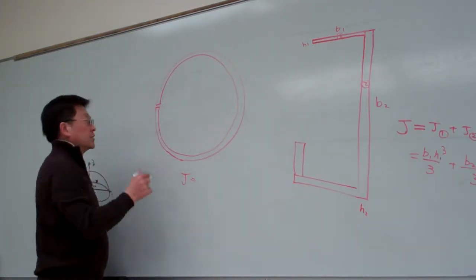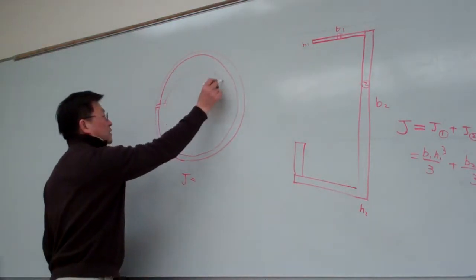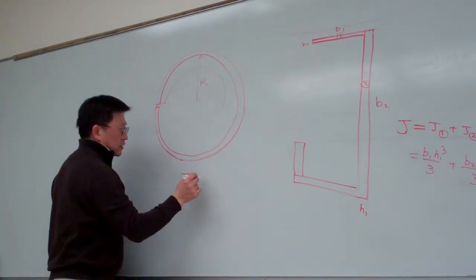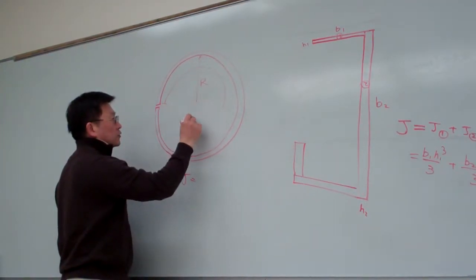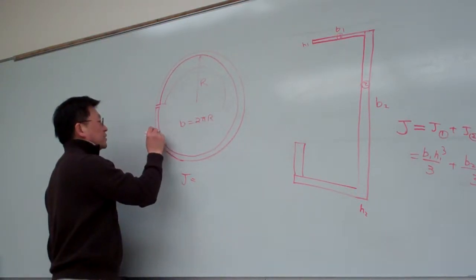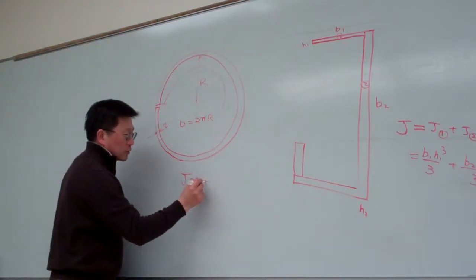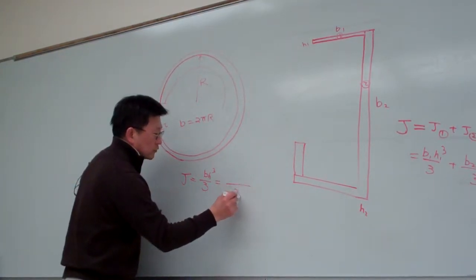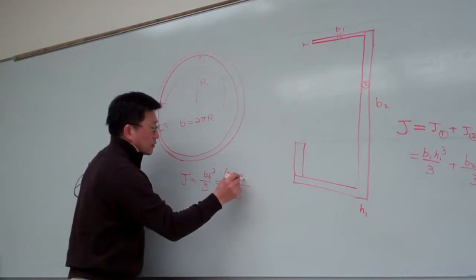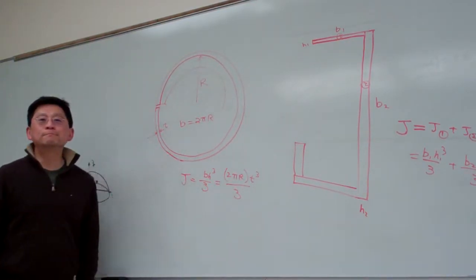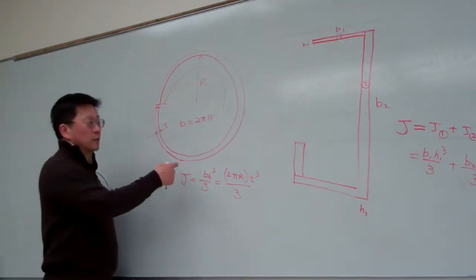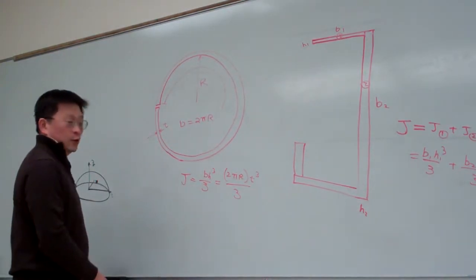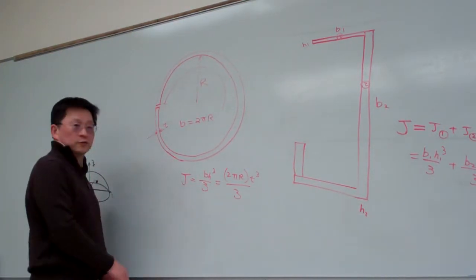Let me say this radius is R. Basically, B equals 2 pi R, right? And let me say T is the thickness, so one third B H cubed will be equal to one third of 2 pi R times T cubed, right? Similar in topology to this one. Good? So this is a torsional constant.